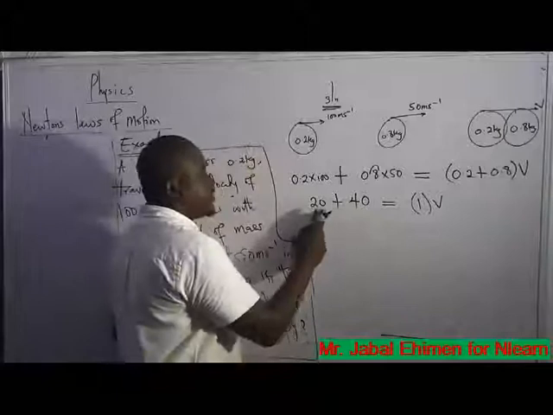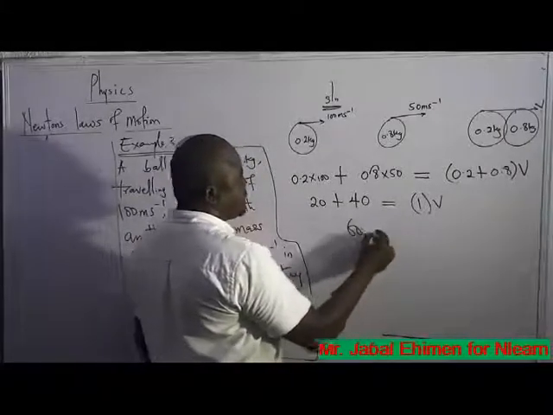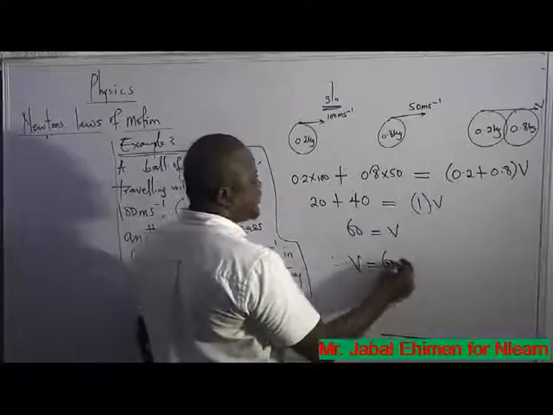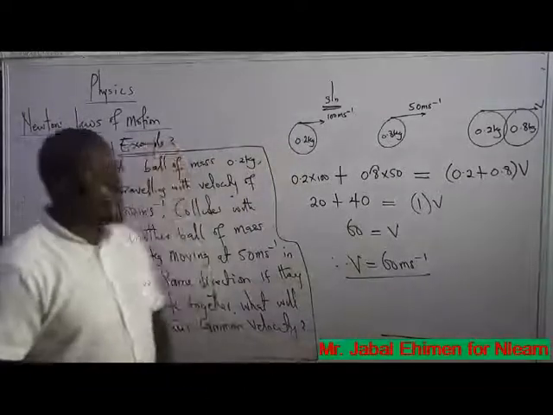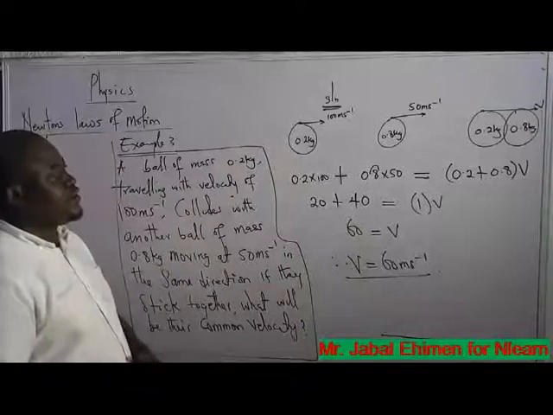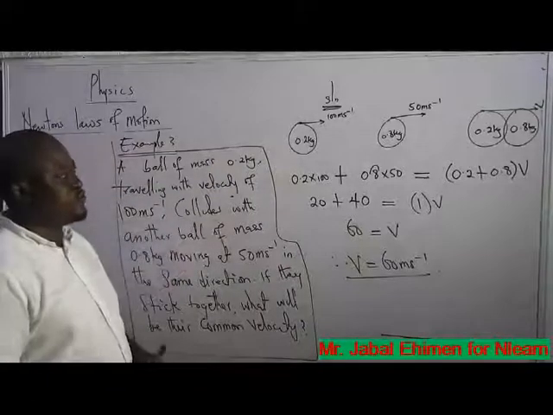So 20 plus 40 will give us 60, is equal to v. Therefore, v is 60 meters per second. So put that down. That will be our last question on Newton's laws of motion.